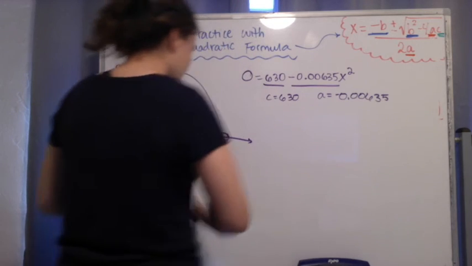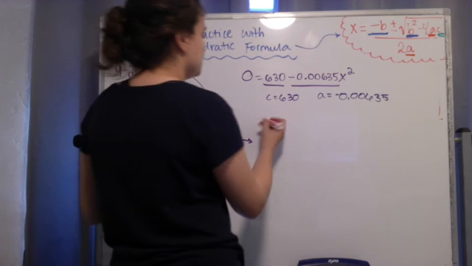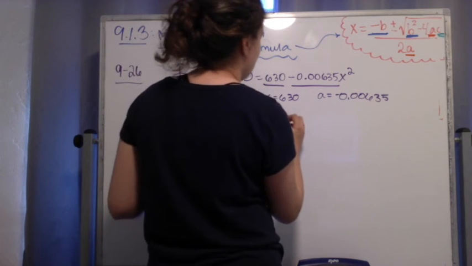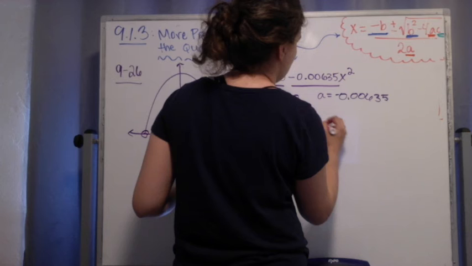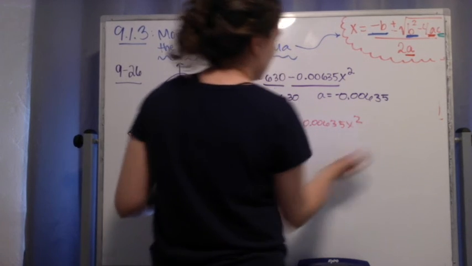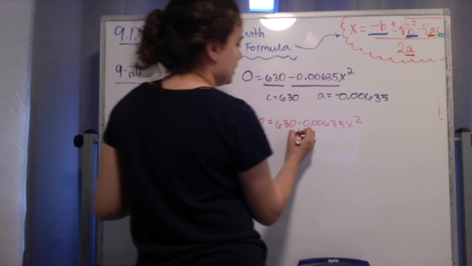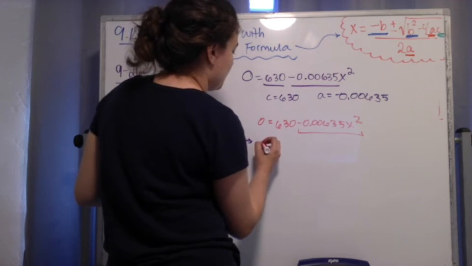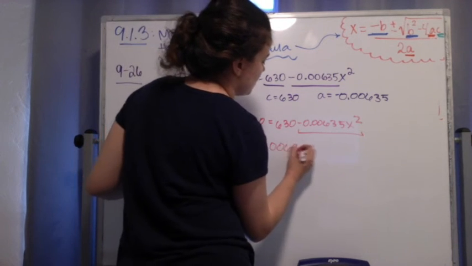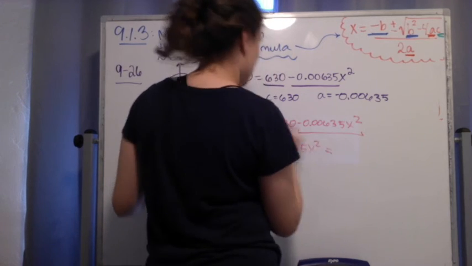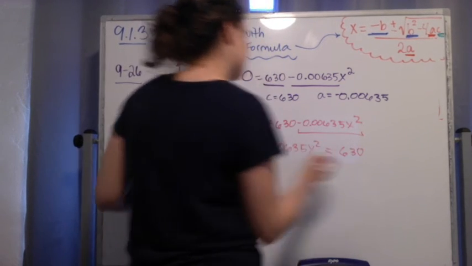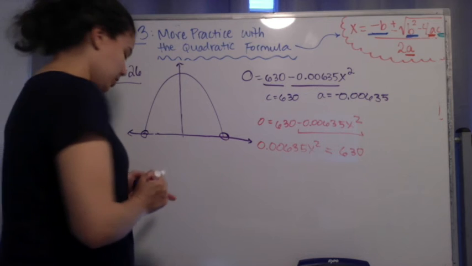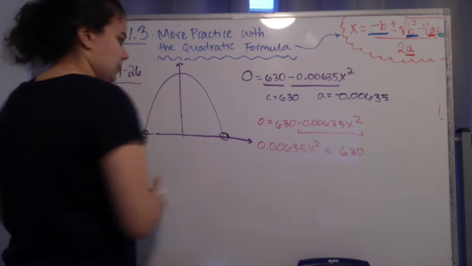So the first step, you have 0. You want to add this number on both sides. So we get 0.00635x squared is equal to 630. I'm going to switch markers because this one's dying on me.